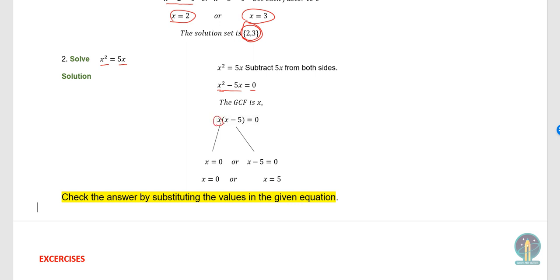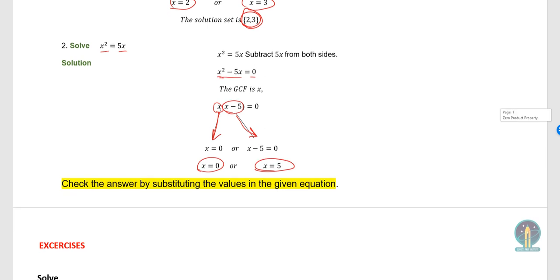Again, now we have two parts to the expression: the x and the x minus 5. The x can be 0 by itself, or the x minus 5 could be 0, in which case we have x equals 0 or x equals 5. So the solution set is 0 and 5. Both of these will solve this equation, giving a true solution.